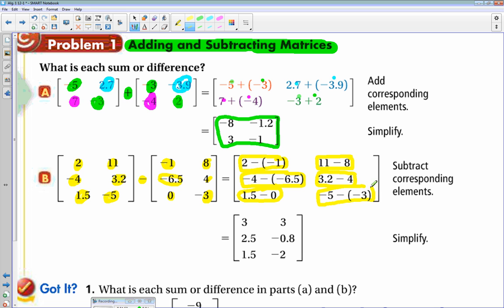If you are terrible with integers, because this has a lot of minus a negative and plus a negative, all that stuff, feel free to use a calculator. So then you do 2 minus negative 1 is 2 plus 1, which is 3. 11 minus 8 is 3. Negative 4 minus negative 6.5 is like negative 4 plus 6.5, which is 2.5. And so on and so forth. So we get all of our items.